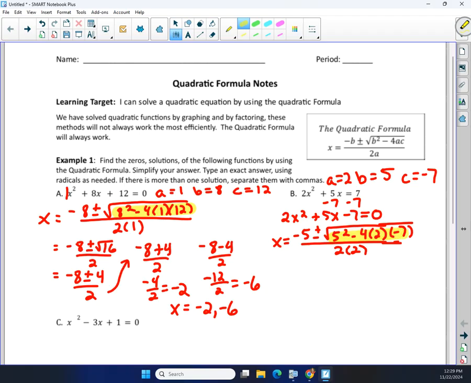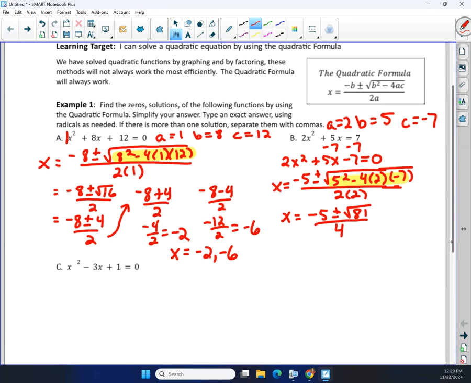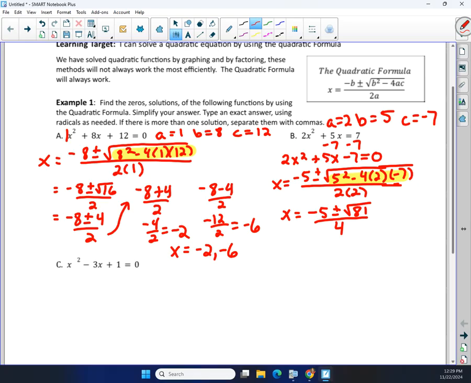Just like before, we're going to put that in Desmos. I feel confident you can do that, so we're going to move ahead. That gives you 81. When you put 5 squared minus 4 times 2 times negative 7, you get 81. 2 times 2 is 4. And then you just have to keep simplifying. X equals negative 5 plus or minus 9 over 4, because the square root of 81 is 9.